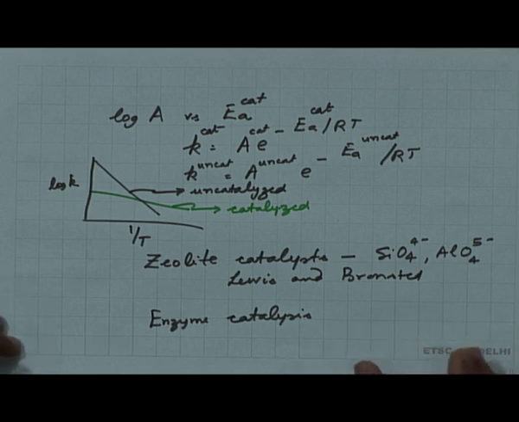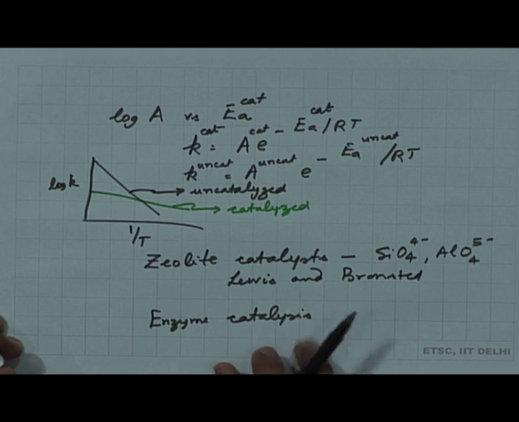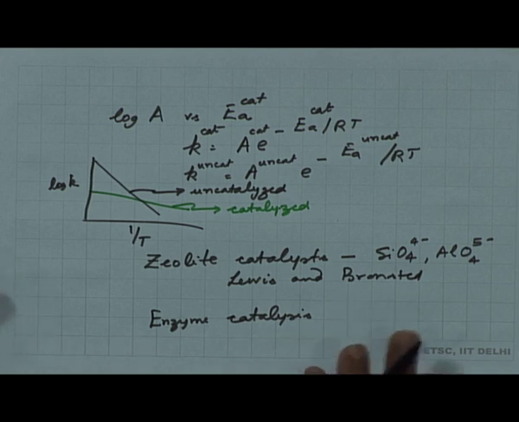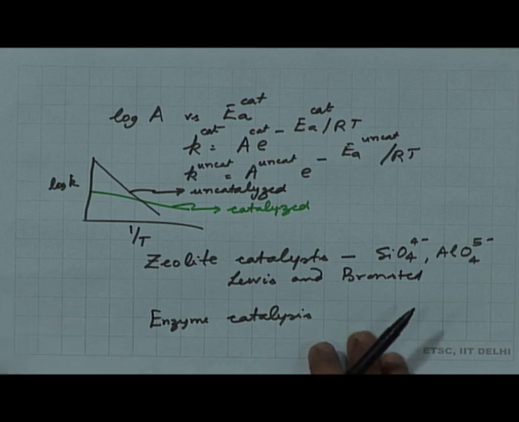There is also a limit on the pH range over which enzyme catalysts work, and most importantly they denature, which means that if you raise the temperature or change the pH, they denature, and there is only a limited set of reactions for which enzyme catalysis works.